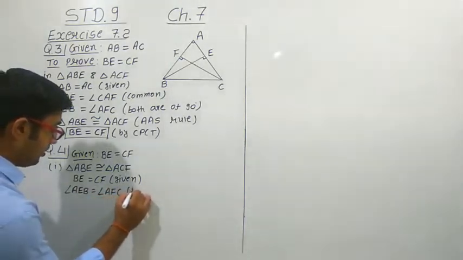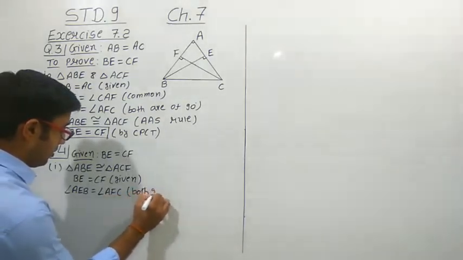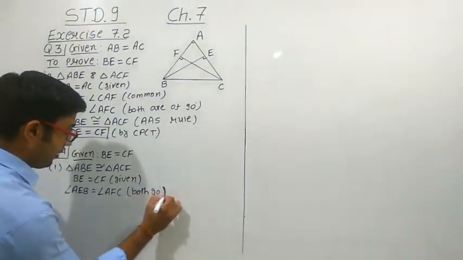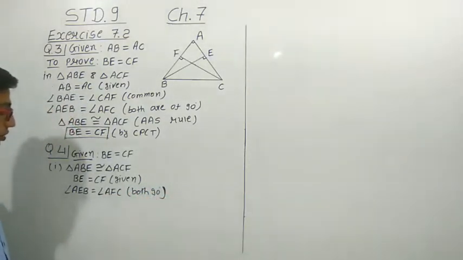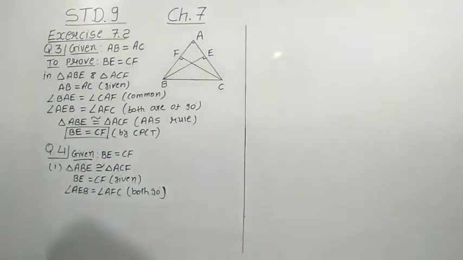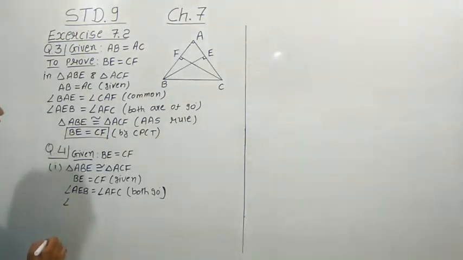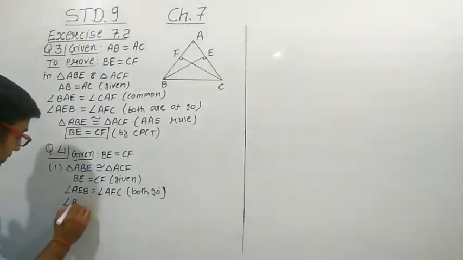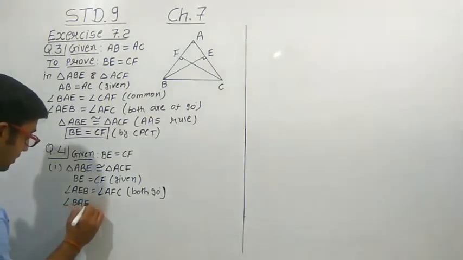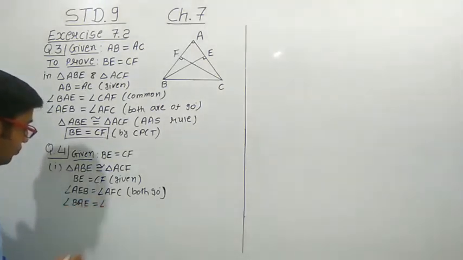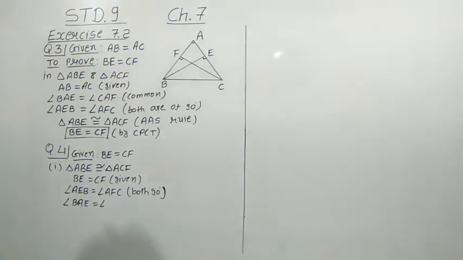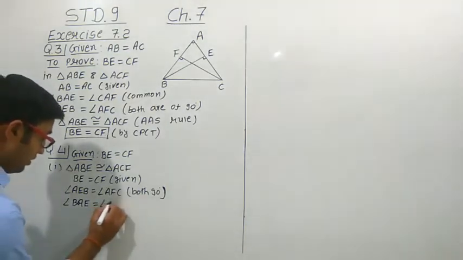Both are of 90 degree. Now think about the third condition. Obviously we have to take that angle A is common in both the triangles. So we can take that angle BAE is equals to angle CAF.